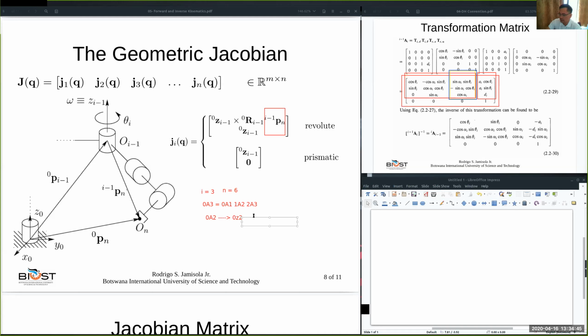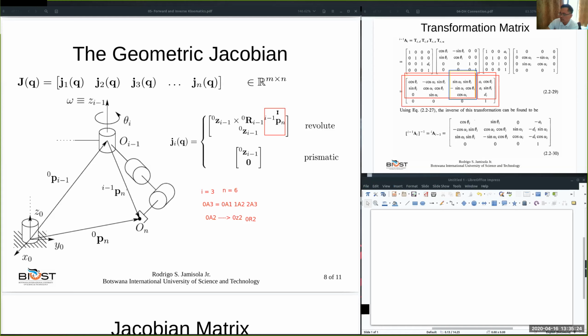You can also do that because, as we mentioned, the R is this part, and this is the Z part. We can take 0A2, the Z part, and the R is the whole thing. So from here, you can also use 0R2. So this and that are taken care of.